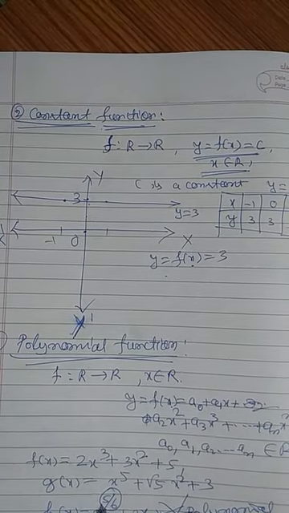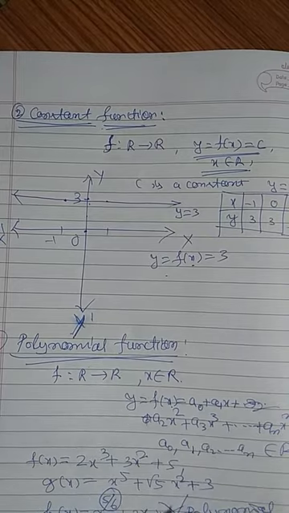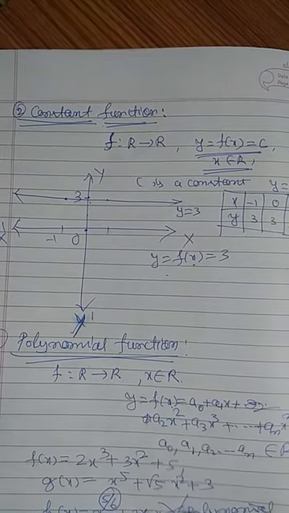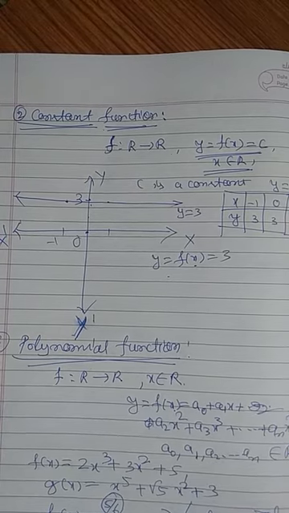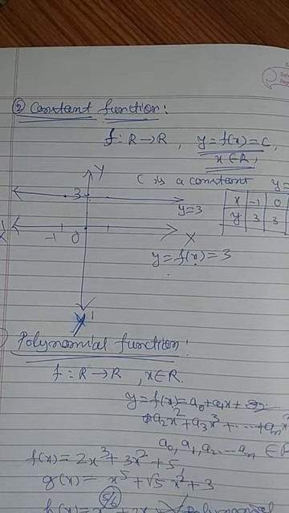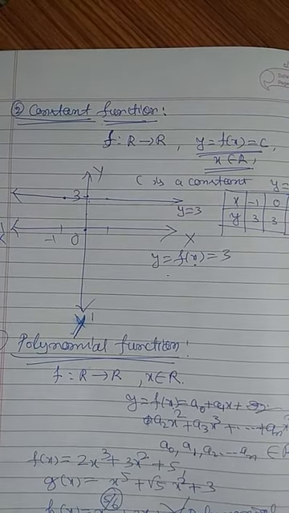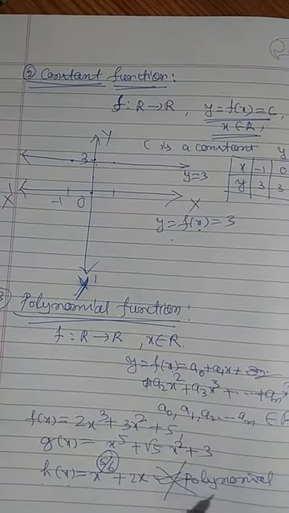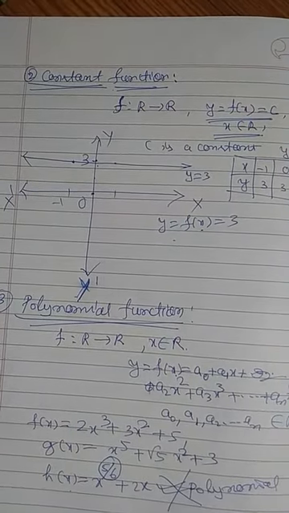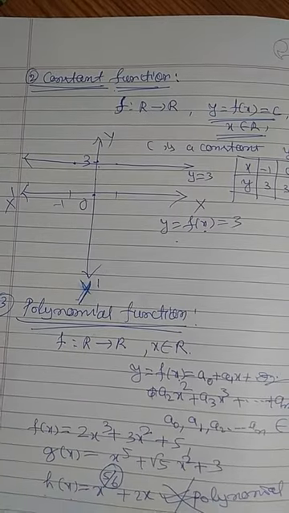Then only it is a polynomial function. Because we have discussed for polynomials, x to the power must be a whole number. Right? So that's why here h of x is not a polynomial. Clear? Right.